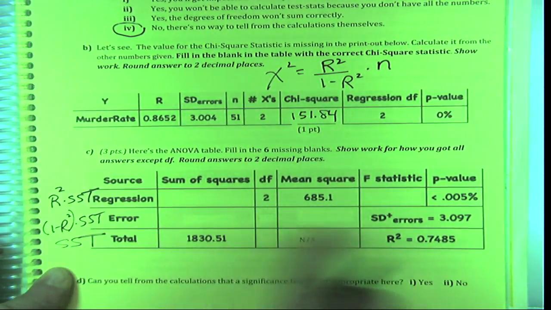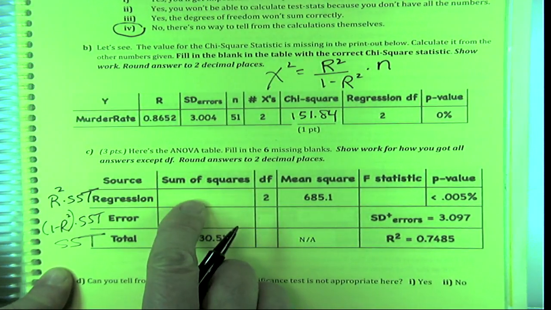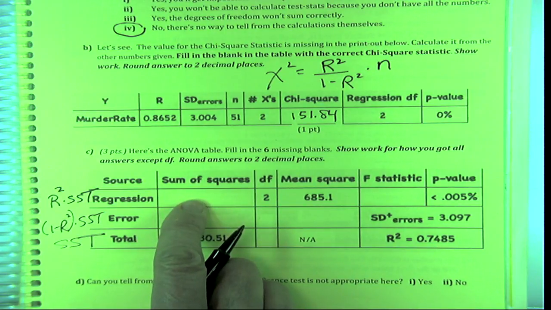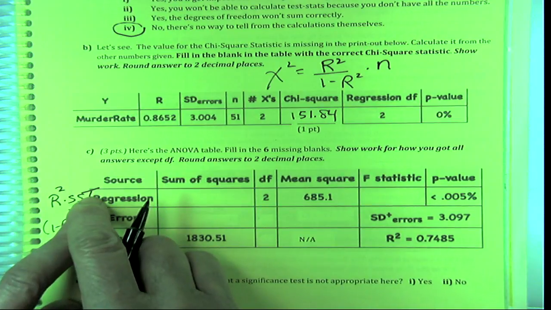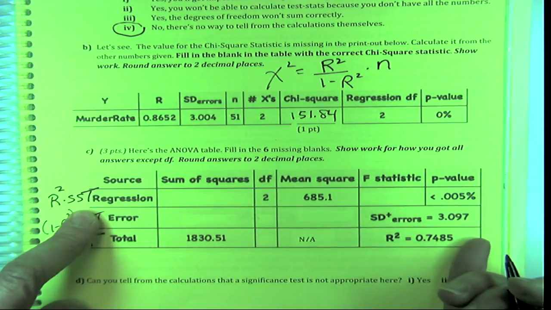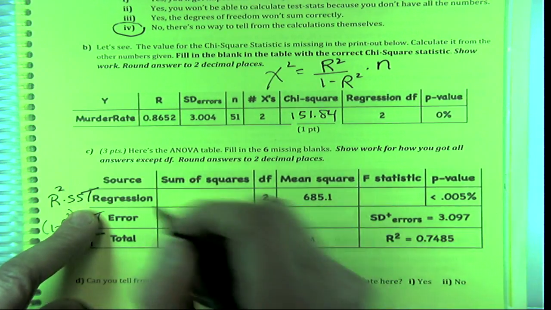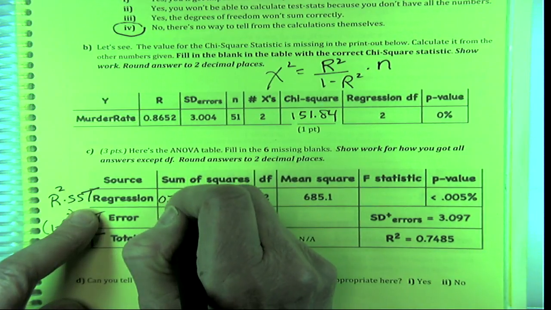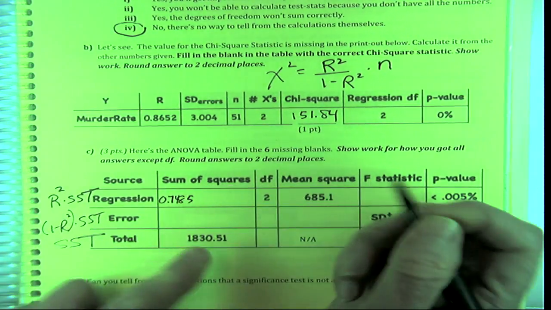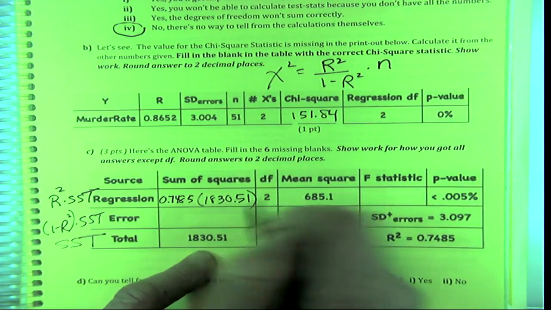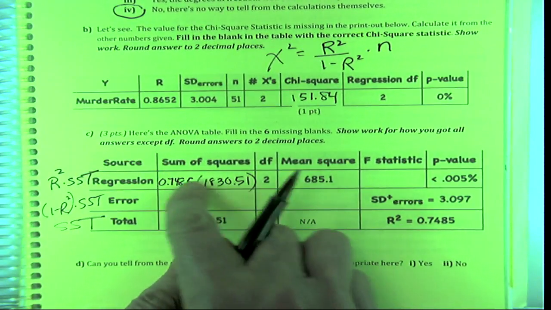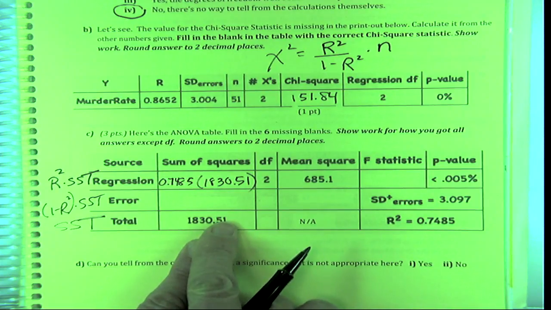So your sum of squares model is just your R squared times your SST. So you just say 0.7485 times that would be your answer. I'm not going to fill in this whole thing, and of course this plus this has to add up to this.